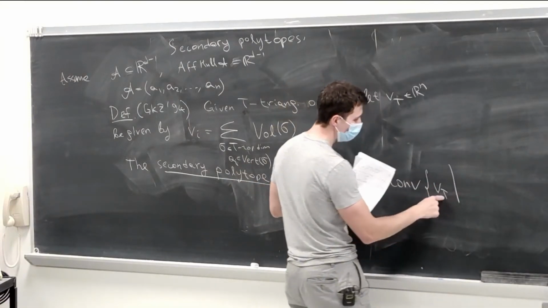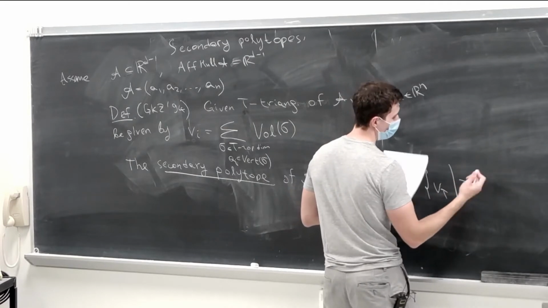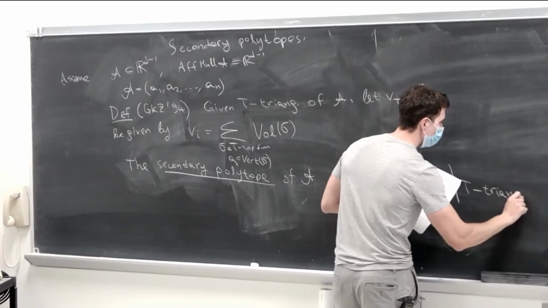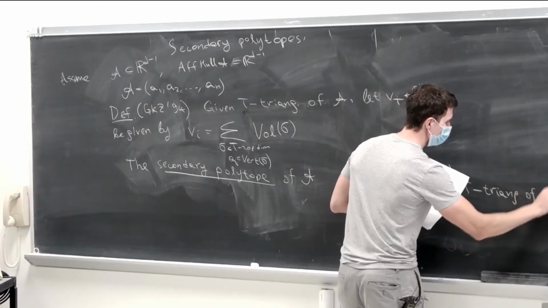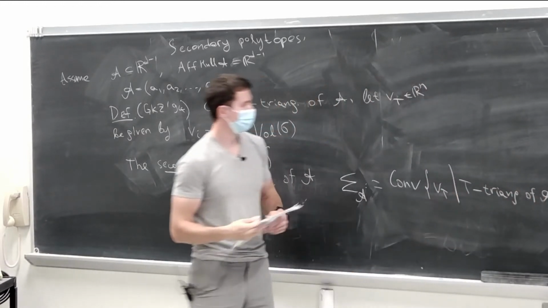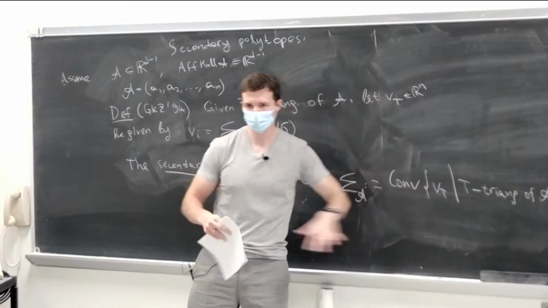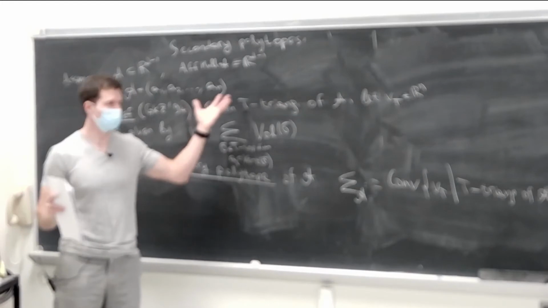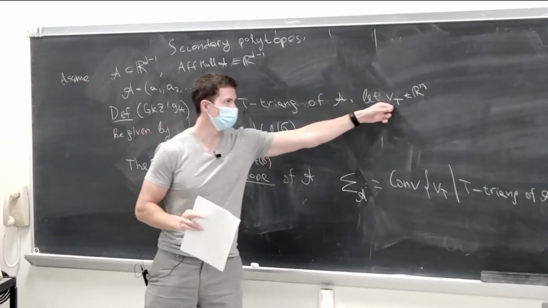The weird thing here is that I'm taking T to be all possible triangulations of A. It doesn't matter if it's regular or not. I'm just taking all triangulations, and I'm looking at the corresponding set of points in R^n.